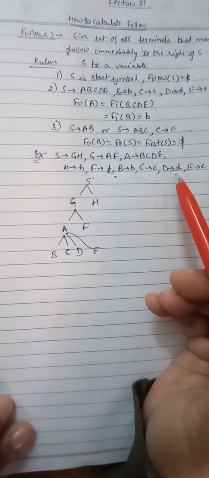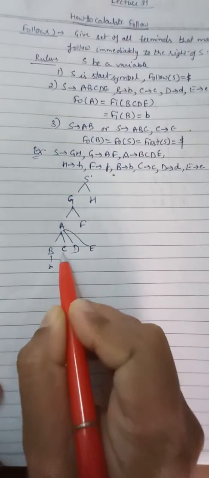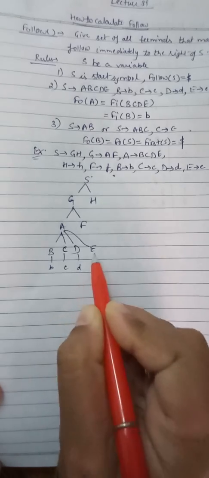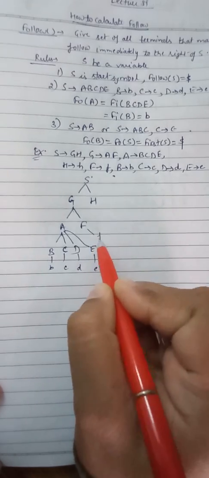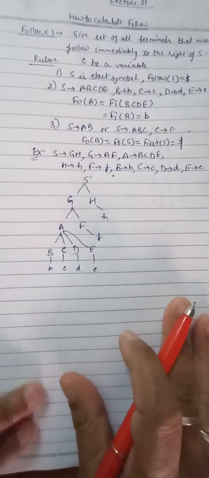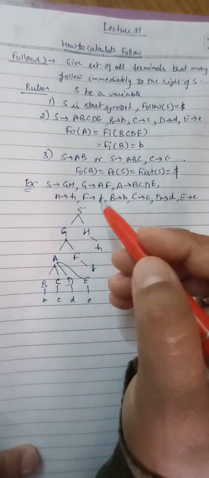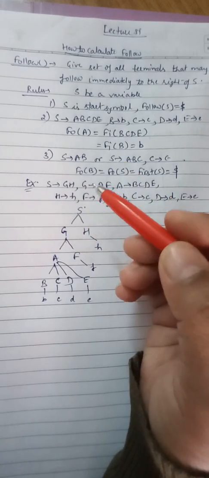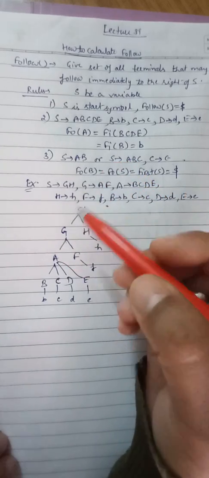Now we are going to write all the terminals of the variables. B tends to b, C tends to c, D tends to d, E tends to e, F tends to f, H tends to h. Like that we write the whole grammar. So now we start calculating the follow.